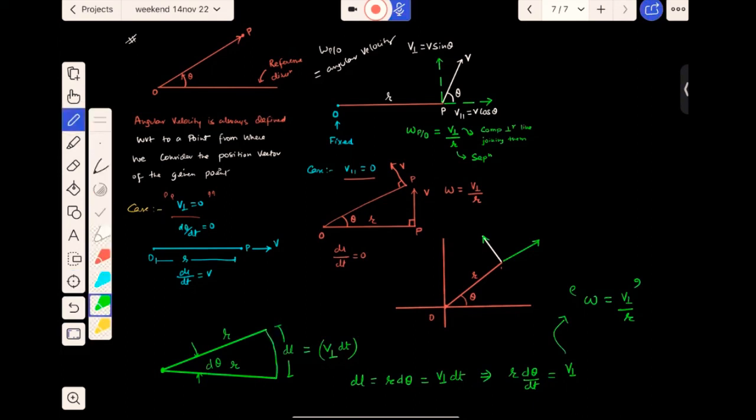So the velocity lying along that path is going to be our v perpendicular, and how much it has traveled is v perpendicular into dt. In doing so, it covers a small angle d theta, considering r not to be changed much because dt is very small. So dl we can write as r d theta, which is also equal to v perpendicular into dt. That will give us omega equal to v perpendicular divided by r, where v perpendicular is the velocity perpendicular to the line joining these two points.